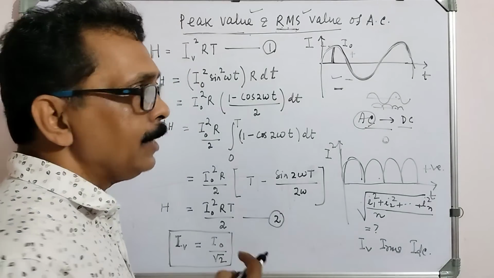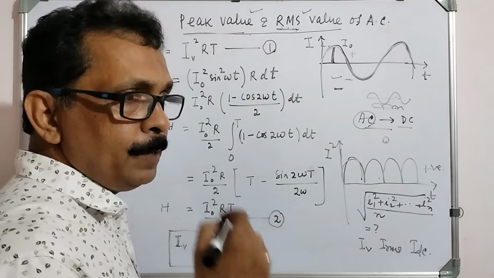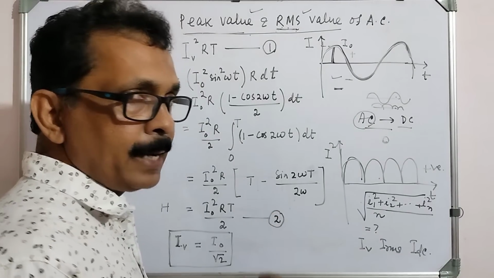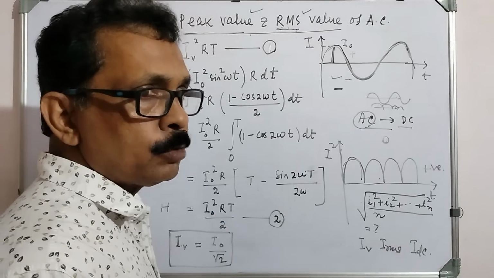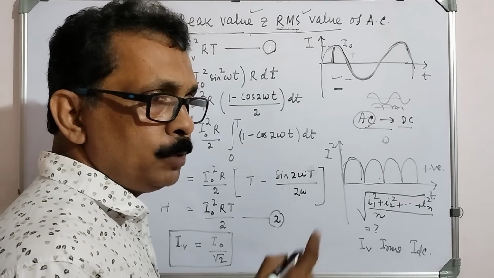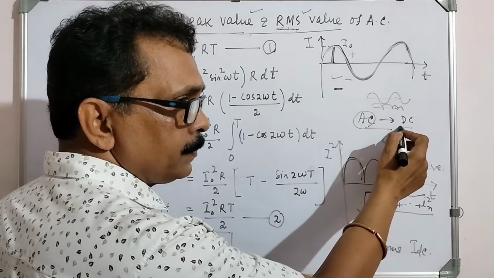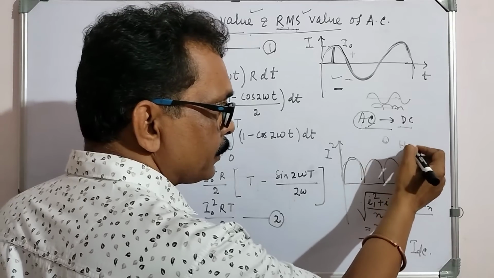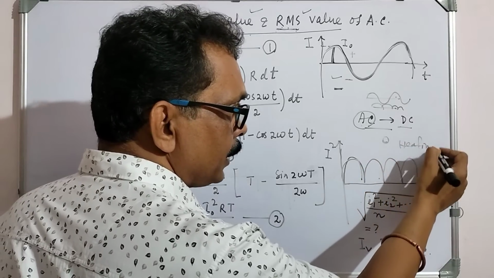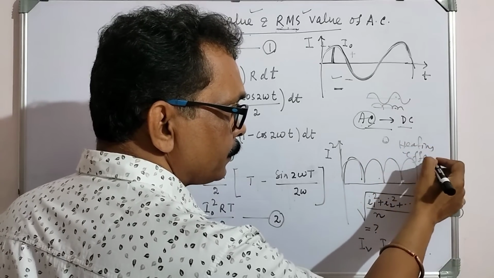Similarly, the magnetic behavior of AC and the magnetic behavior of DC is also different. But which behavior is the same for both AC and DC? That is the heating effect. Remember, that is the heating effect.